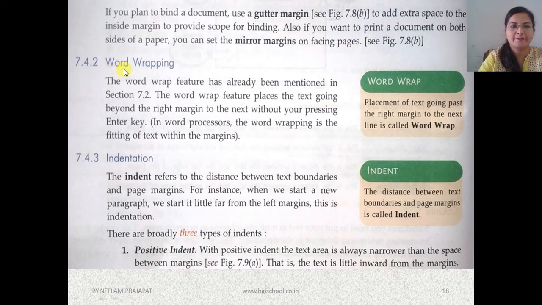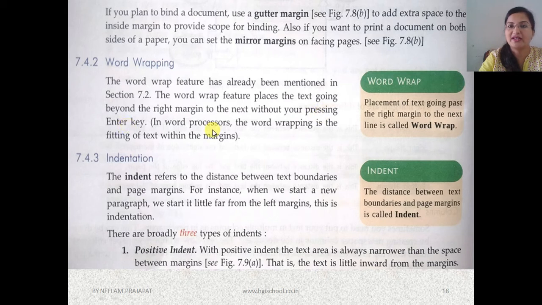Now word wrapping. So word wrapping is actually the placement of text going past the right margin to the next line is called word wrap. Got it? As soon as the text reaches the right margin, it automatically moves to the next line, okay. So the word wrap feature places the text beyond the right margin to the next line without your pressing enter.